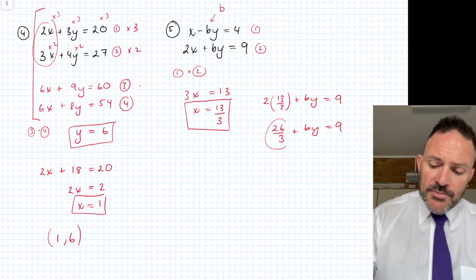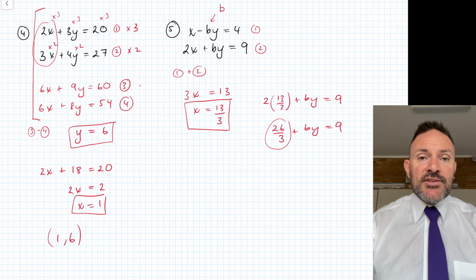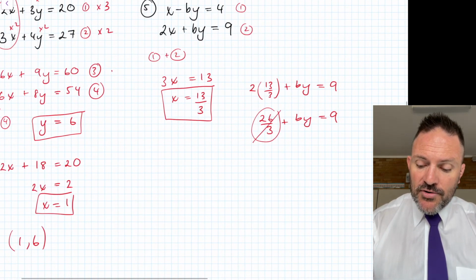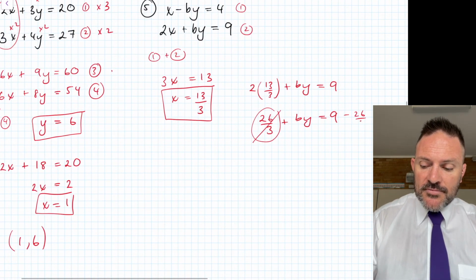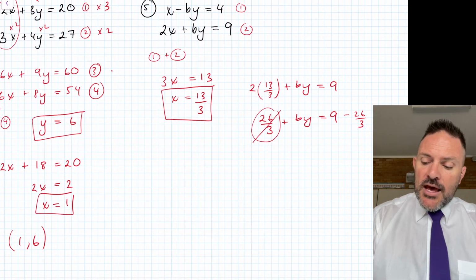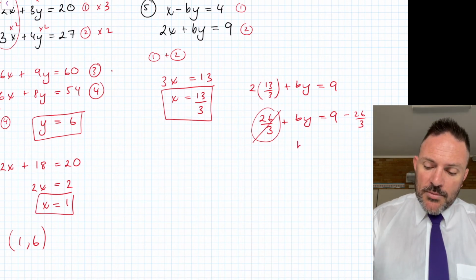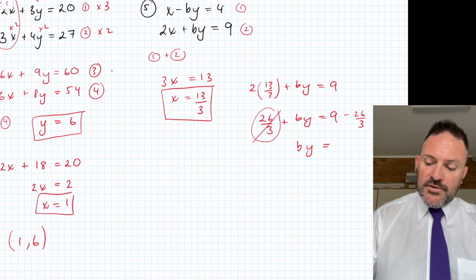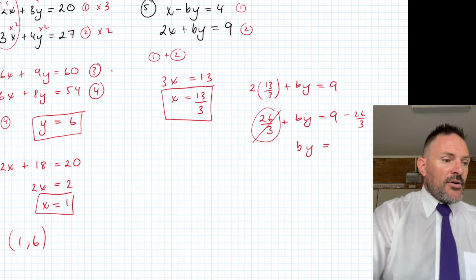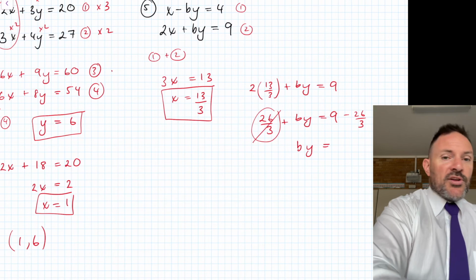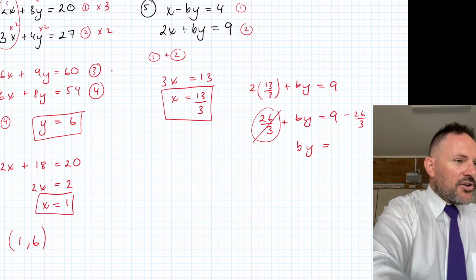I'm going to subtract the 26 on 3 across. Okay. And then from that, so that's going to be by equals 9. Now, we should be able to do this without the use of a calculator most likely, but I'm going to do this really fast.